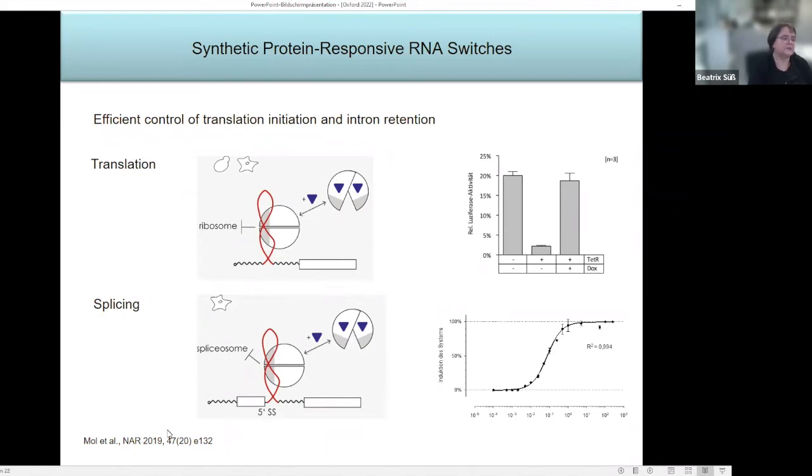It's the distance from the splice site, and the stability of the aptamer is crucial for efficient regulation, but in principle it works. And you also can combine the splice site regulation with translation regulation to further increase the dynamic range of regulation.